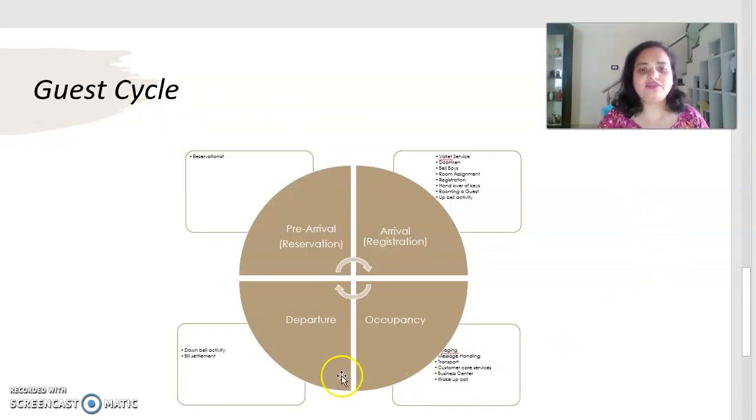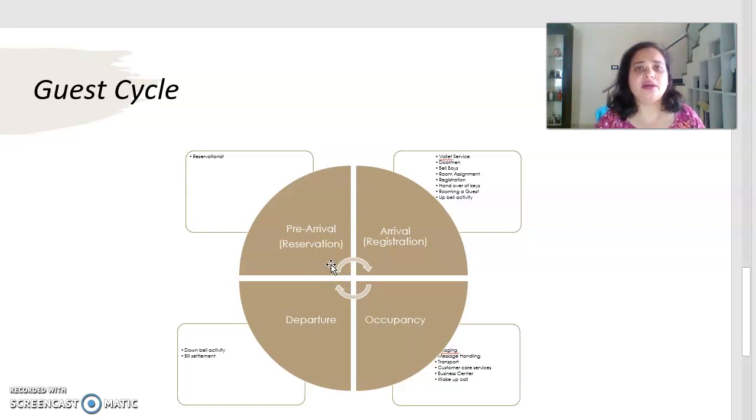Yes, now this is the guest cycle in proper way. The first stage is the pre-arrival stage. That is the stage where the guest reserves the room in the hotel. The guest can reserve the room by telephone or by coming in person.